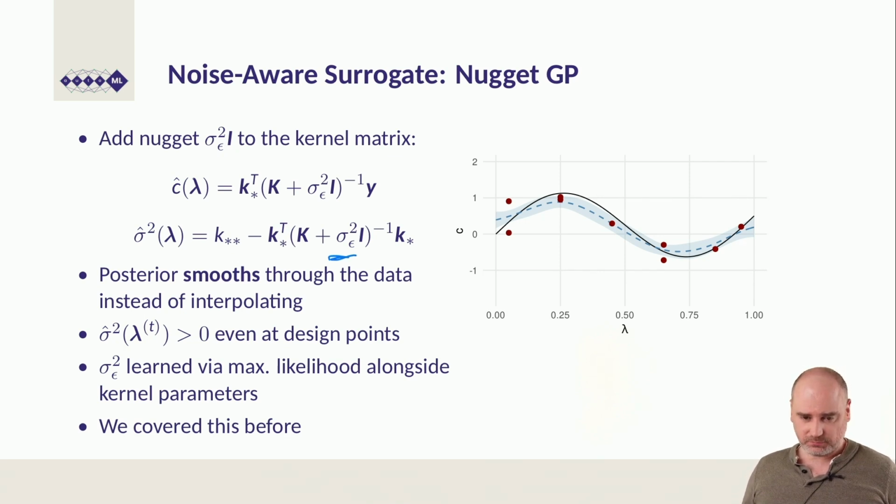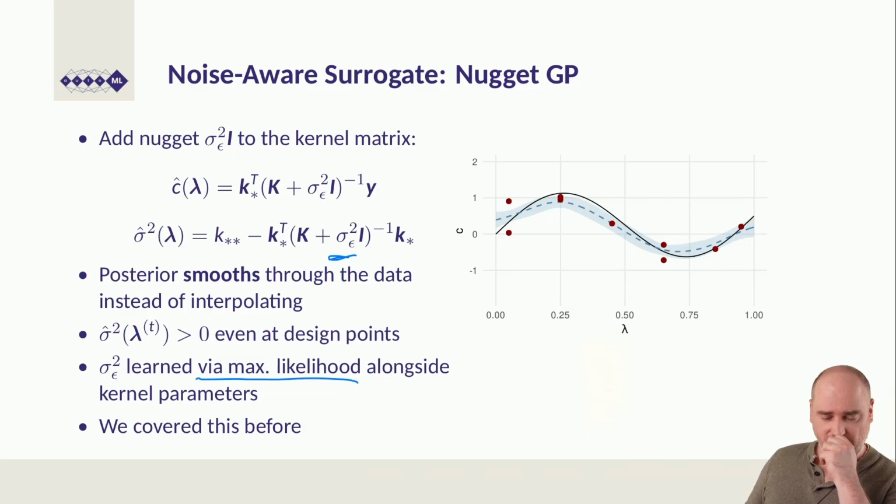We can learn that by the same maximum likelihood principle that we use to learn the length scale parameters of the Gaussian process. So this is simply a part of the marginal log likelihood. We just optimize this in the usual manner as I have shown before. And when you do that, you now get a nice regression model that smooths through the data instead of interpolating it.